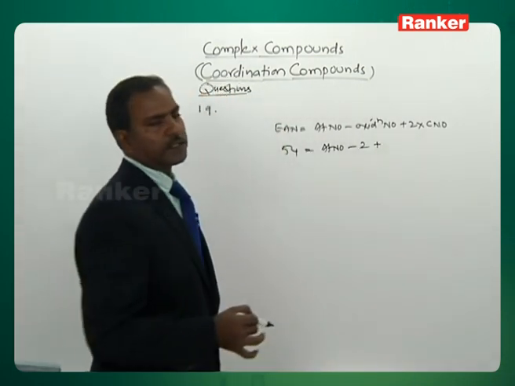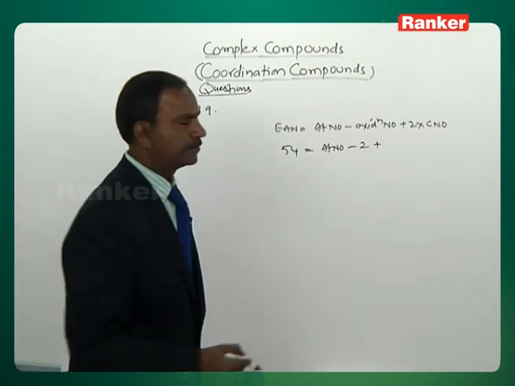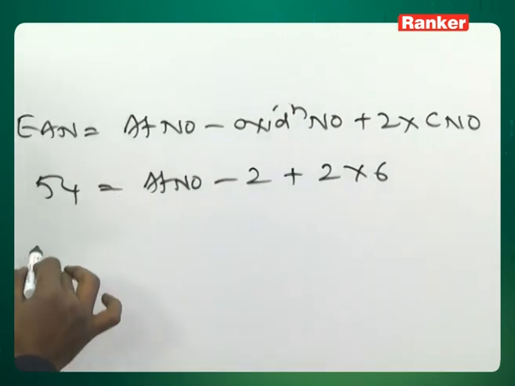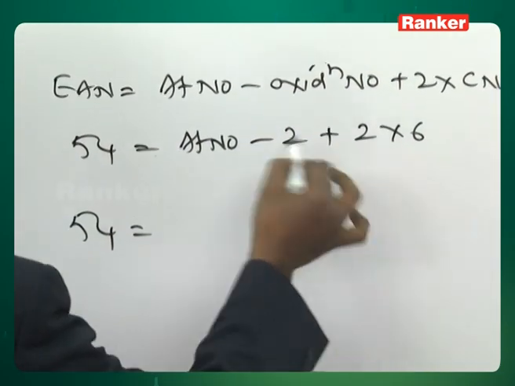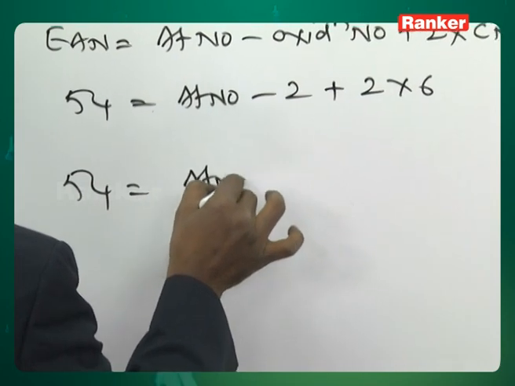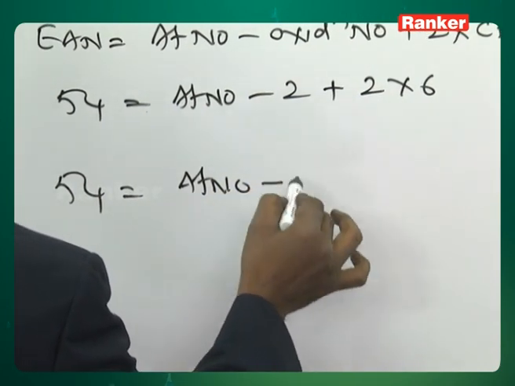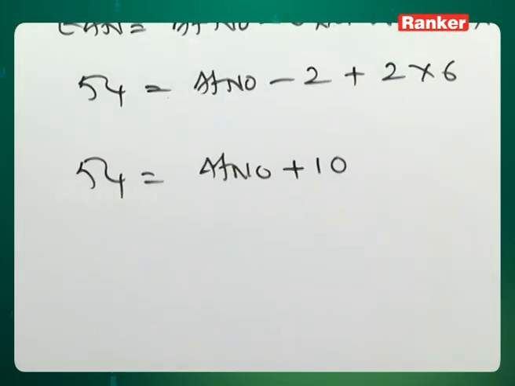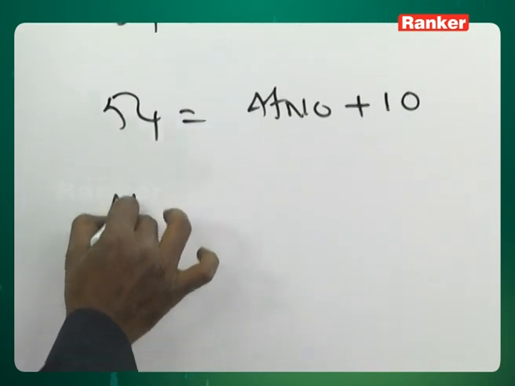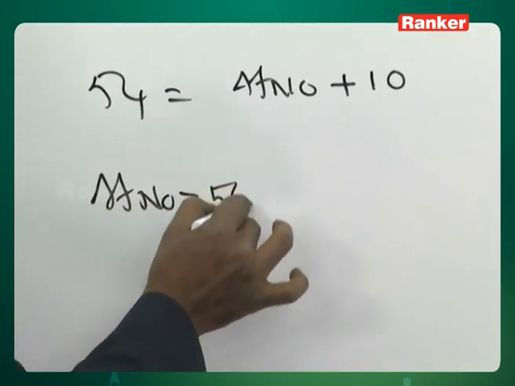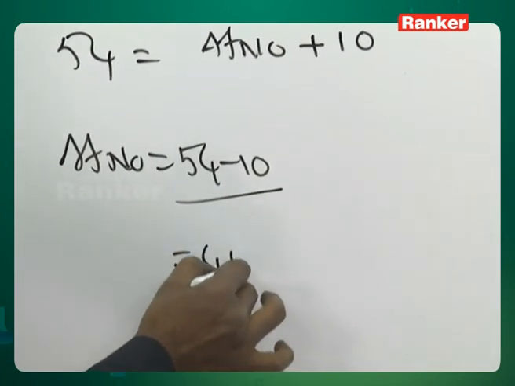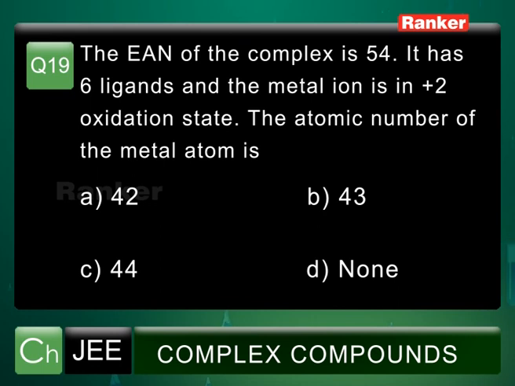Plus the coordination number, it is said 6 ligands are there in the complex, so 2 into 6. Now, 54 equals atomic number minus 2 plus 12, that is atomic number plus 10. Then atomic number equals 54 minus 10. Then the answer is 44. The atomic number is 44. Here the answer is C.